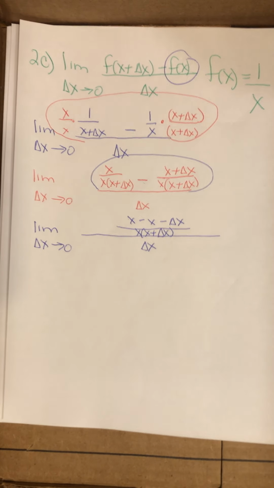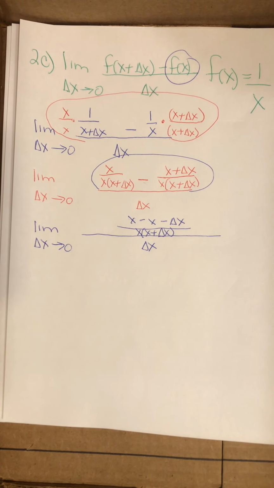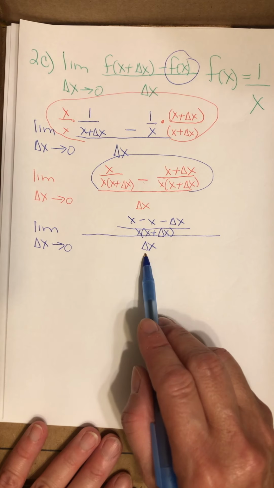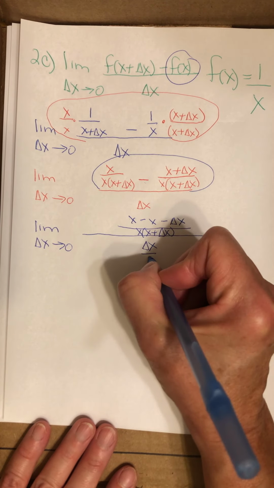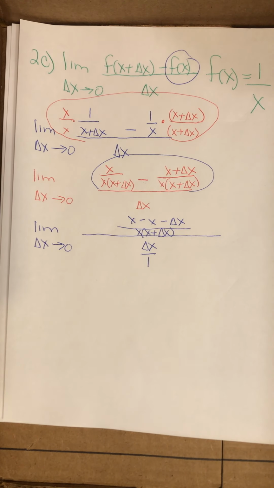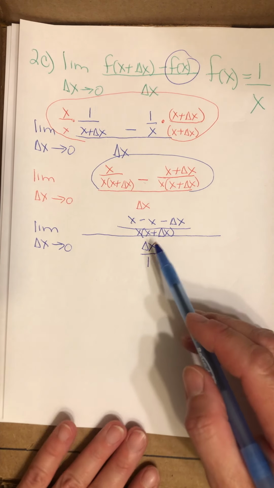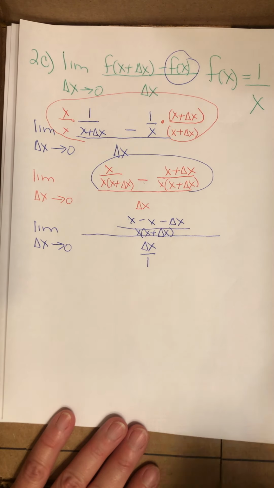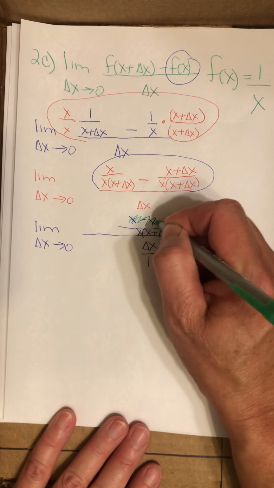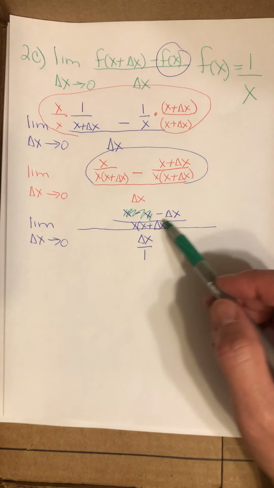Okay, now, well, this looks ugly, right? I still have a delta x in the denominator. Okay, here's what I'm going to do. Putting delta x over 1. Do you also see in the numerator where I'm pointing here that x minus x cancels? That's nice. But this is still an ugly expression.